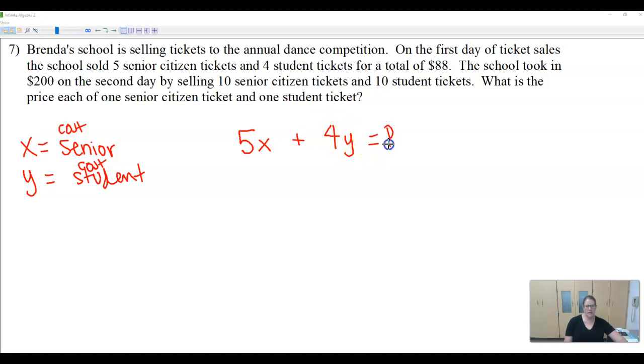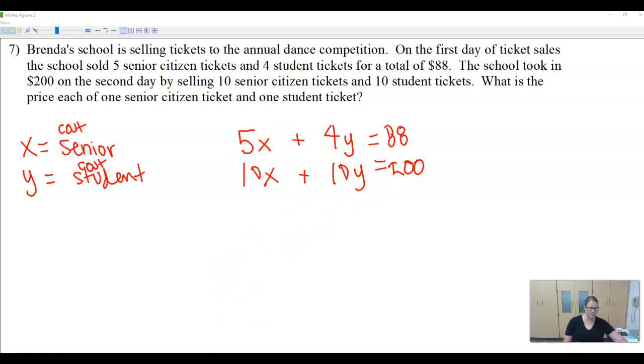That total was $88 for day 1. On the second day, they took in $200, and they sold 10 senior tickets, so 10 times X. And they also sold 10 student tickets, so 10 times Y. So here's our system. We're going to go ahead and put this into our calculator.